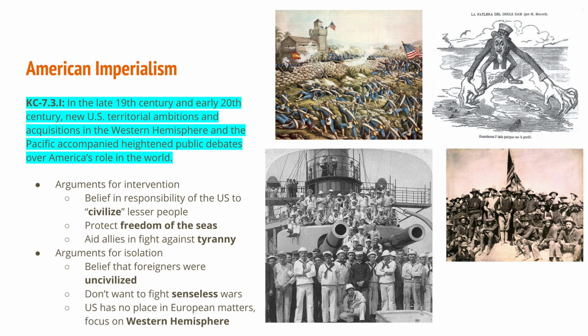For those who wanted isolation, in the face of World War I, was that they didn't want to fight a senseless war, a war that had been started over the assassination of an archduke that most Americans had no idea who he was, and somehow that involved the fighting of Britain, France, and Germany, even though Britain, France, and Germany were not actually involved in the assassination of the archduke.